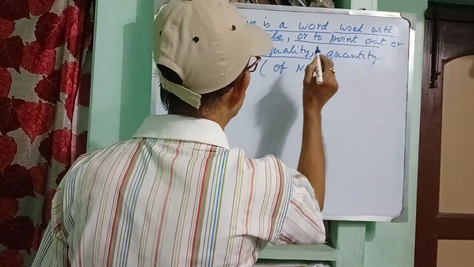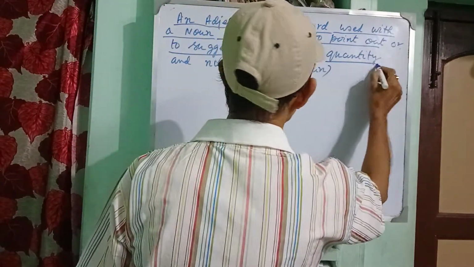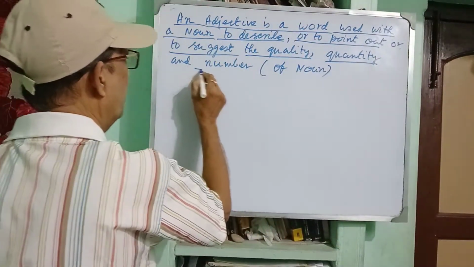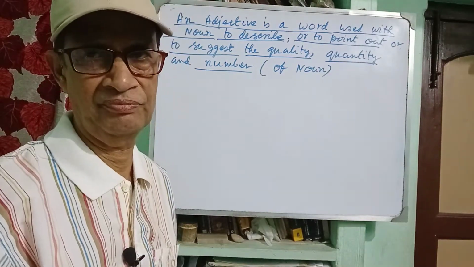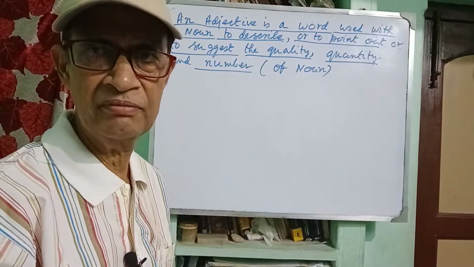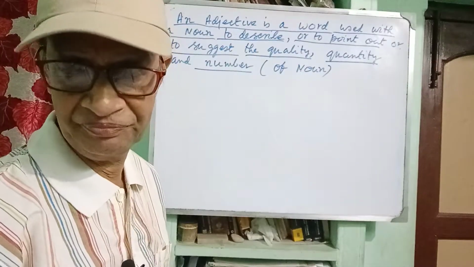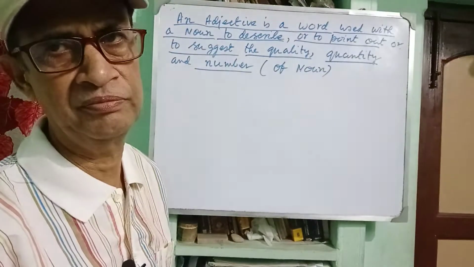The quality, quantity, and number. Number of what? Of noun. Clear? It is the clear-cut definition of adjective. It precedes the noun and qualifies the noun.